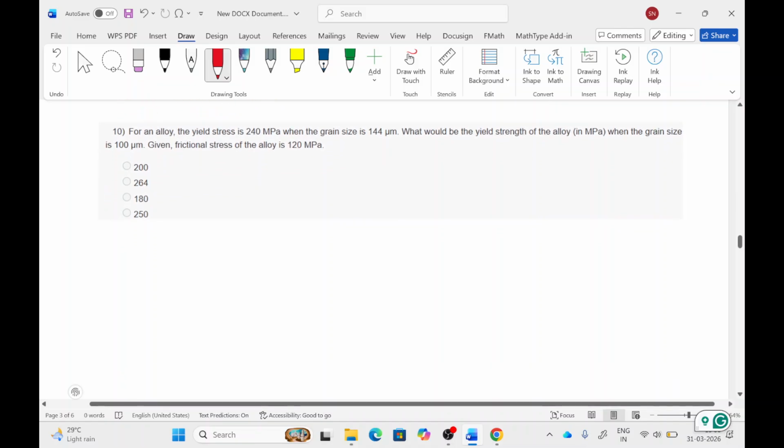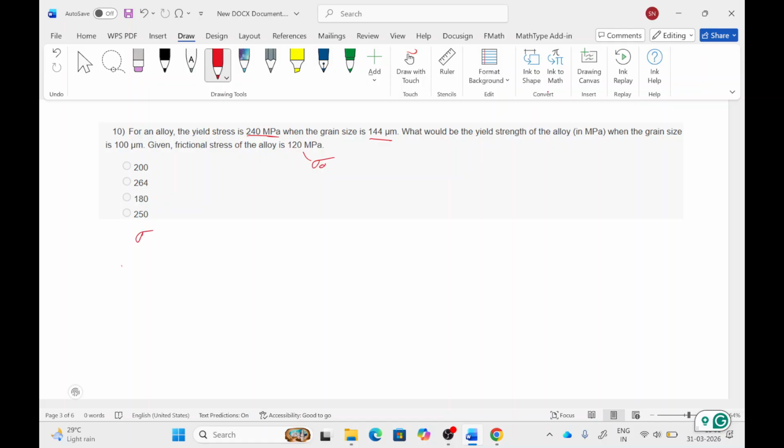Okay. Next question is same as previous, only the values are different. So here sigma naught is 120 and these are the initial values. It's 12.